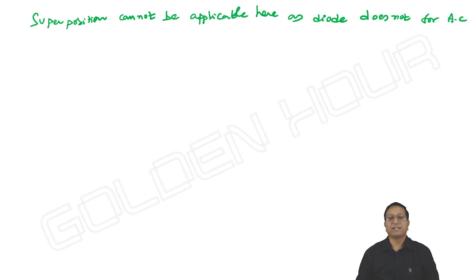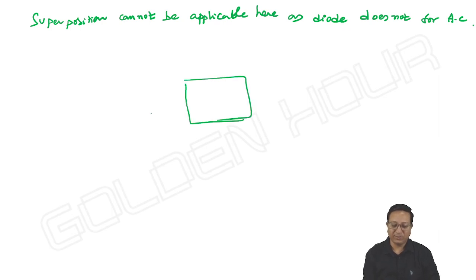Then how can we find IAC and VAC is my concern. Whenever you apply two sources, maybe DC and AC, when do you use superposition? If you use one source, the circuit is not changing, you get one result.